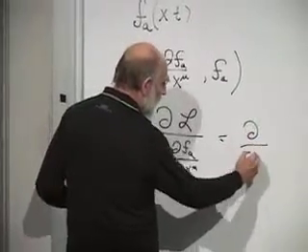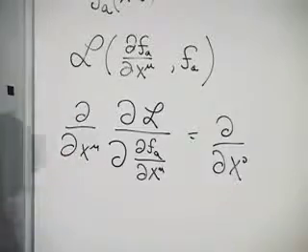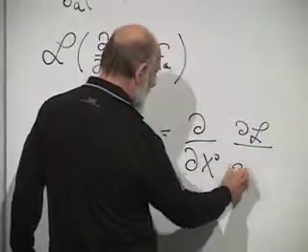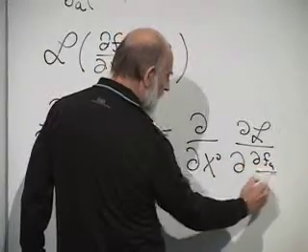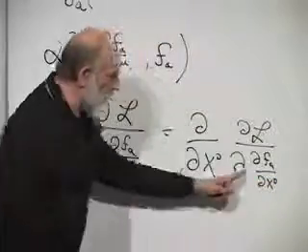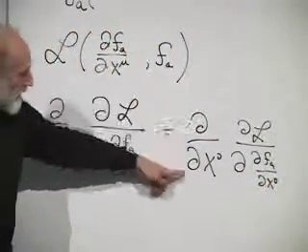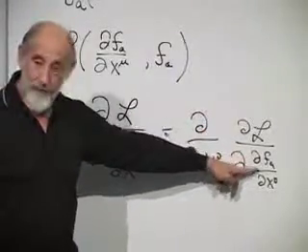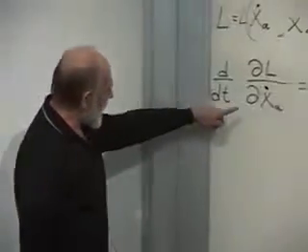It's the derivative with respect to time, which I'll call x naught, of the derivative of the Lagrangian with respect to the time derivative of f_a. We could have also called this d by dt of the derivative of the Lagrangian with respect to f dot. In other words, the analog of this. But then there are more terms.